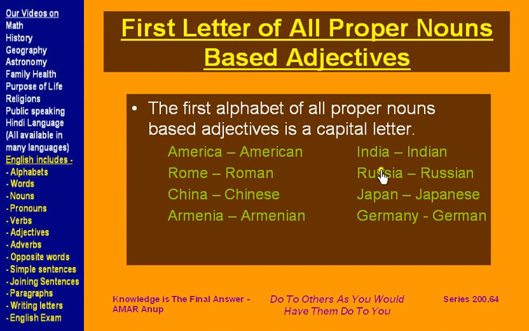So similarly, Indian, Roman, Russian, Chinese, Japanese, Armenian, German, and there are many, many more. But they all came from these nouns, and so they are also capitalized. The adjectives which are derivatives of nouns are capitalized.